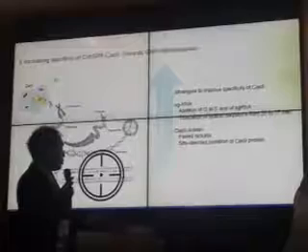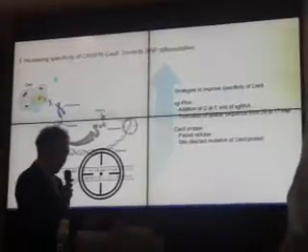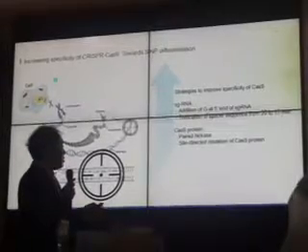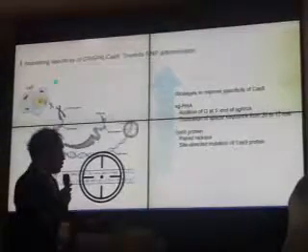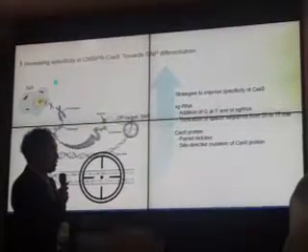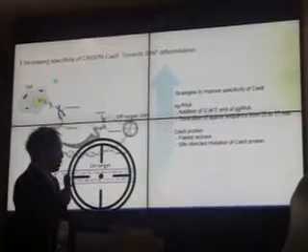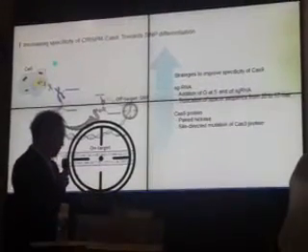And also, people used site-directed mutation of the Cas9 protein based on rational design. So it appears that in all these strategies, the aim is to avoid off-target effects while maintaining high on-target activity.